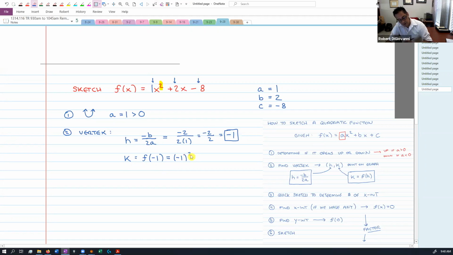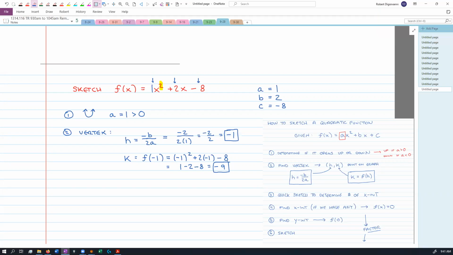So it has to be in parentheses squared plus 2 times -1 minus 8. When you square -1, you get 1. 2 times -1 gives you -2, and then -8. And I believe on that, we're going to get -9. Understand? It's clear. Any questions?